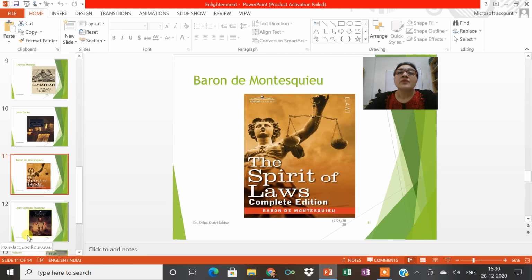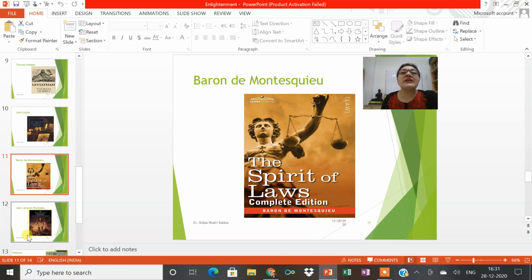And Baron Montesquieu wrote The Spirit of Laws, which is basically trying to substantiate his opinion against despotism. And what is most important about Montesquieu is that in the entire Spirit of Laws, we go through a journey which talks about separation of power.